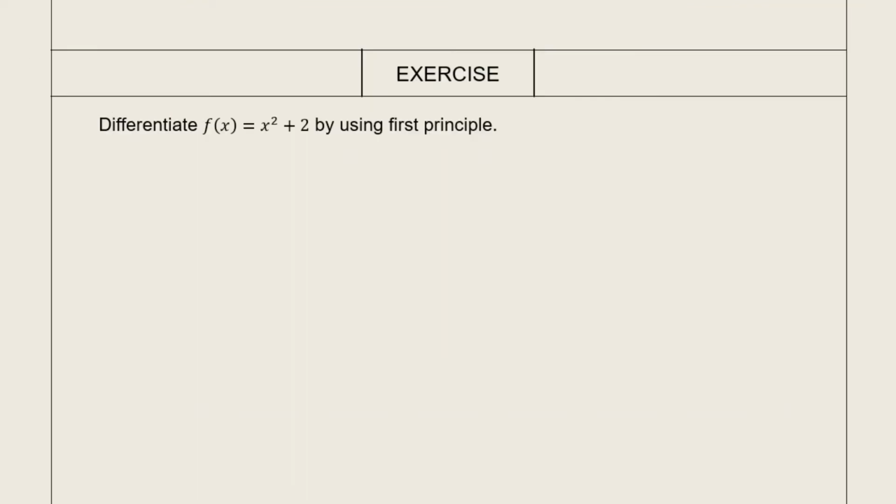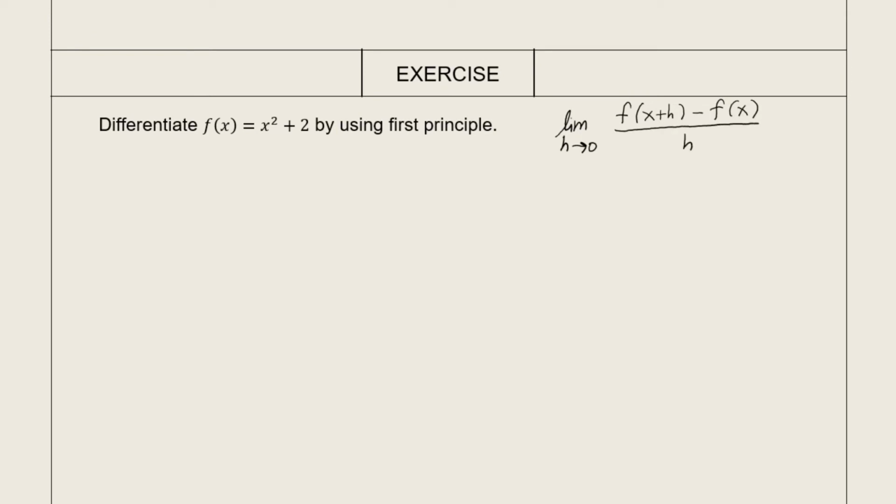Therefore, every time we are asked to find the differentiation of a certain function by using the first principle of differentiation, we need to remember that it uses the formula to find the limit as h approaches 0 of f(x plus h) minus f(x), divided by h.